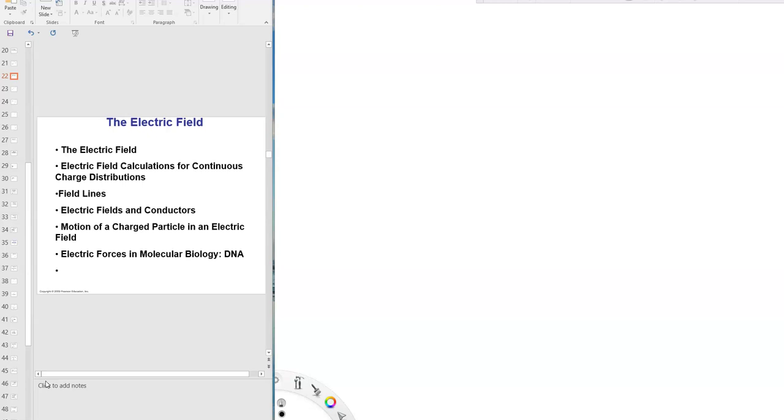Alright, so what is electric field? Now we talked about this in the previous discussion, that if there are two charges, it can be two or more, but let's say a positive and a negative charge, there is a force between them, and we know that it's an attractive force.